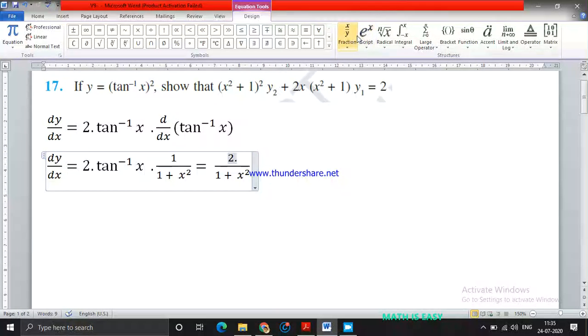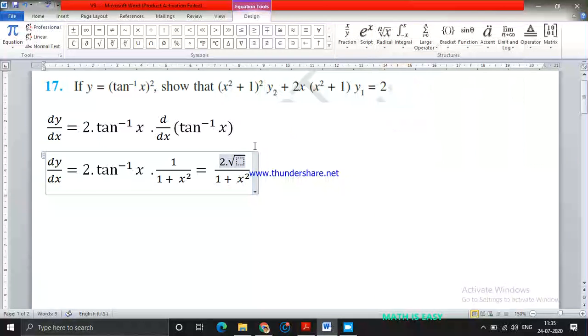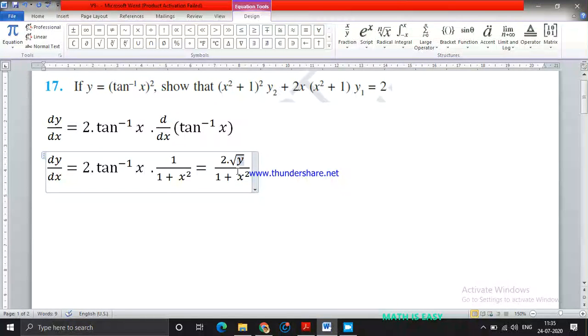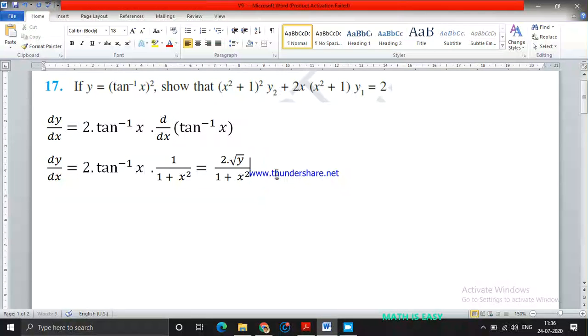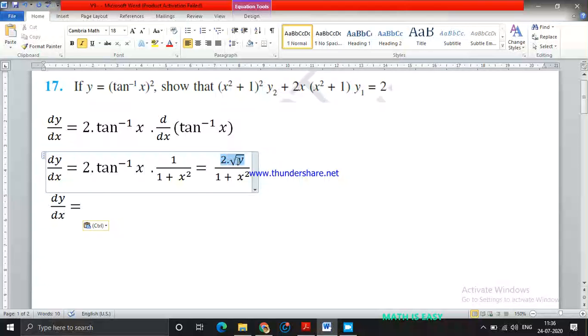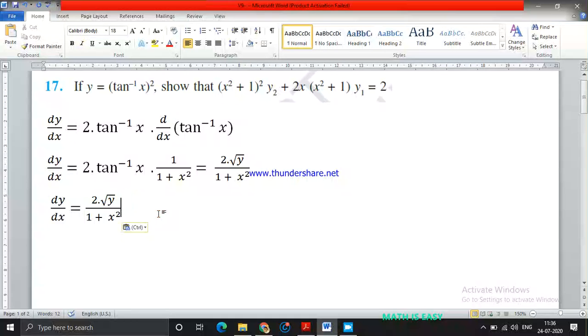So you will get it as root y. Okay. So you have dy by dx is equals to 2 root y upon 1 plus x square.